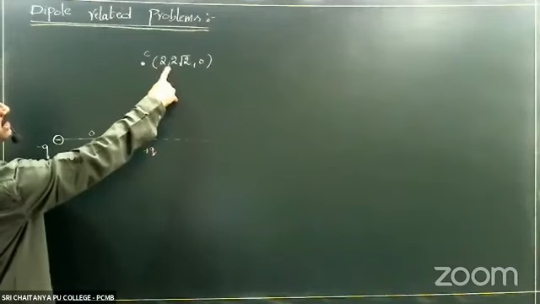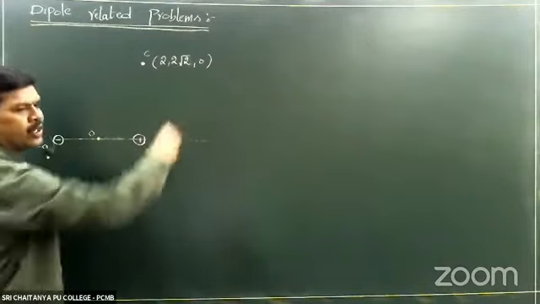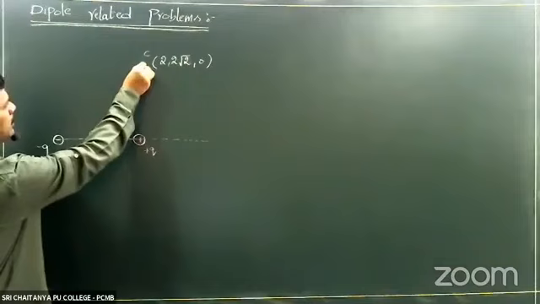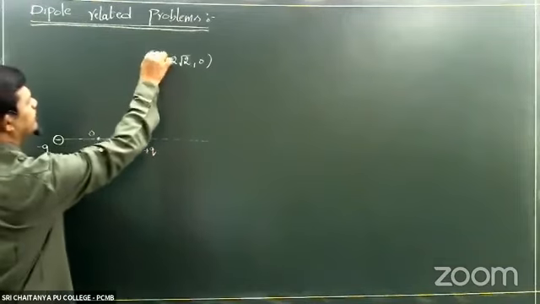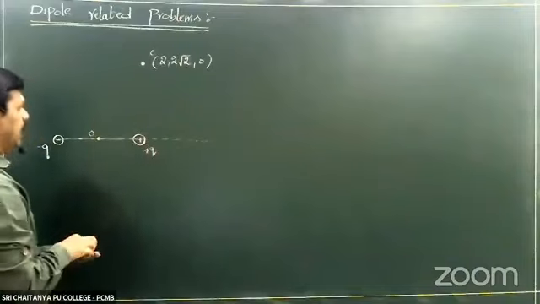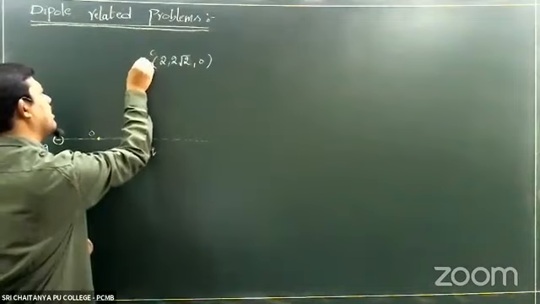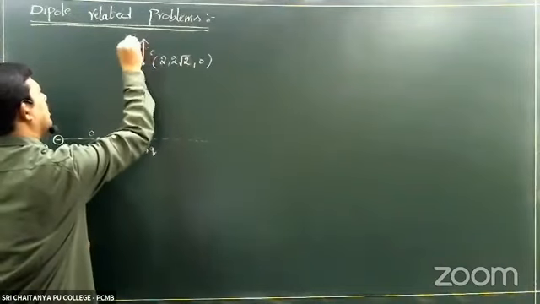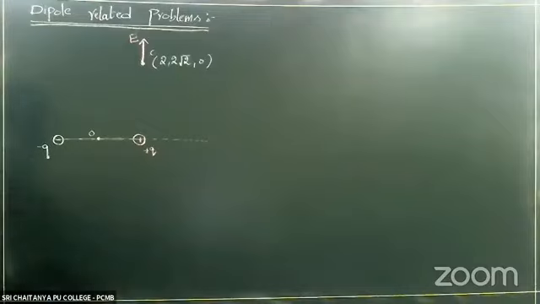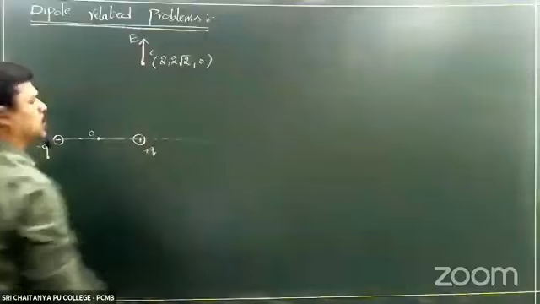That point is represented with the coordinates 2, 2 root 2, 0. At this point, due to this dipole, let the net electric field be in this direction. Maybe in this direction, like so.